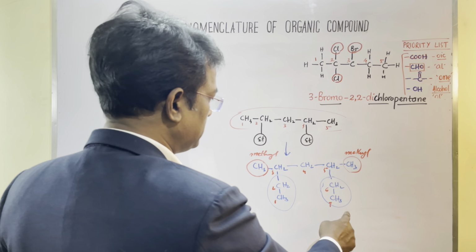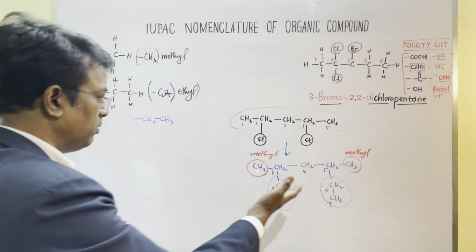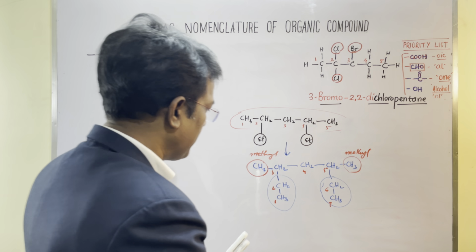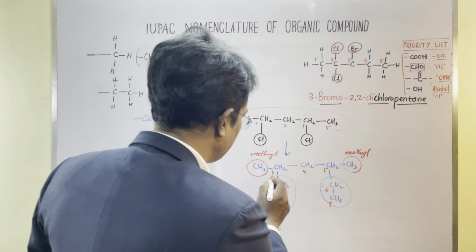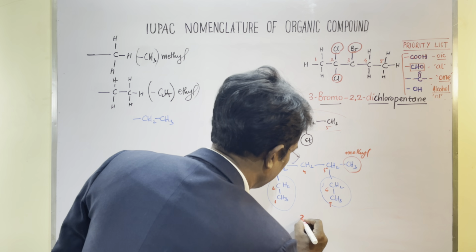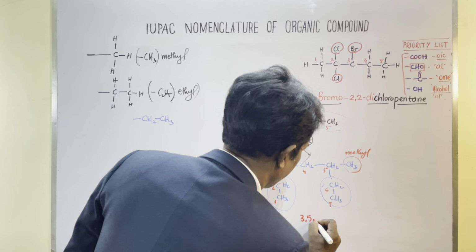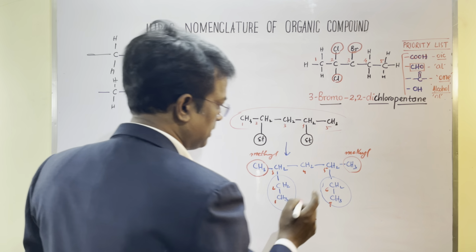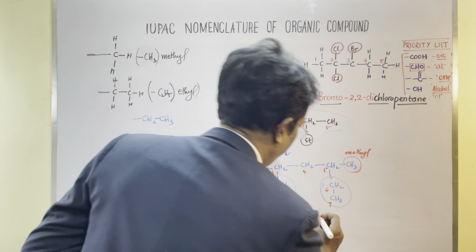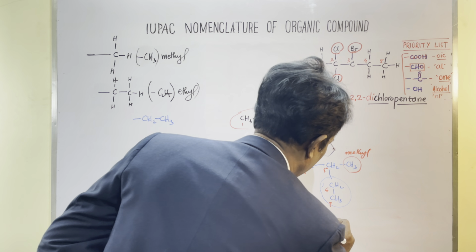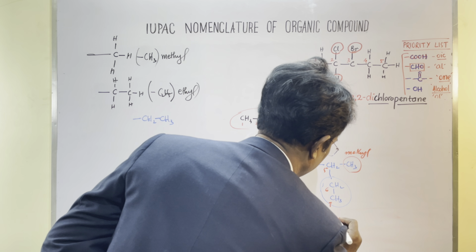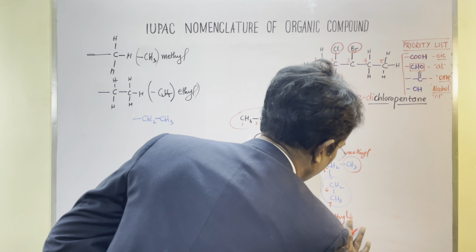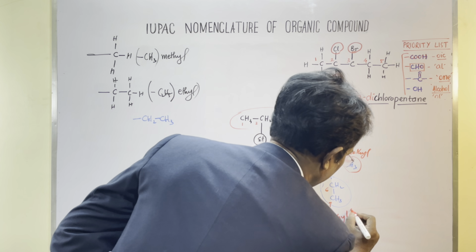Heptane, 7 is the longest chain, no other chain can match that value. So the parent chain is 7 here, heptane definitely, but at the third and fifth positions, so it will be 3,5. Yes, 2 for di, 3 for tri, 4 for tetra. So 3,5-dimethylheptane.